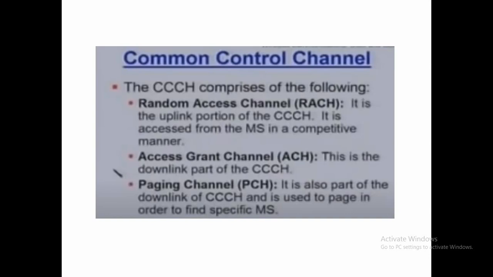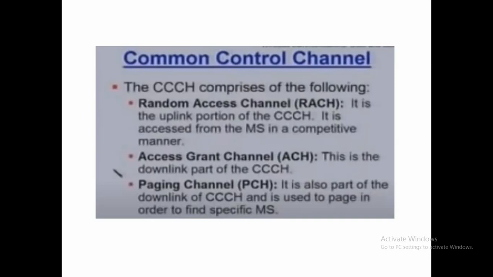Let us talk about the extended part, that is the common control channel. There are three categories: RACH, which we call the random access channel, another one, the access grant channel, that is the AGCH, and the paging channel, that is the PCH.